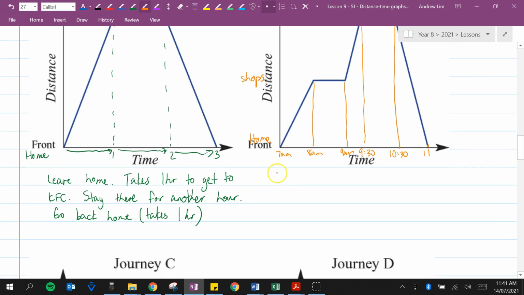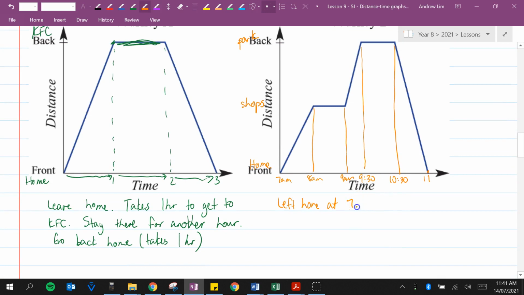Okay, so we can say we left home at 7, arrived at the shops at 8, stayed there for an hour, because that's 1 hour.